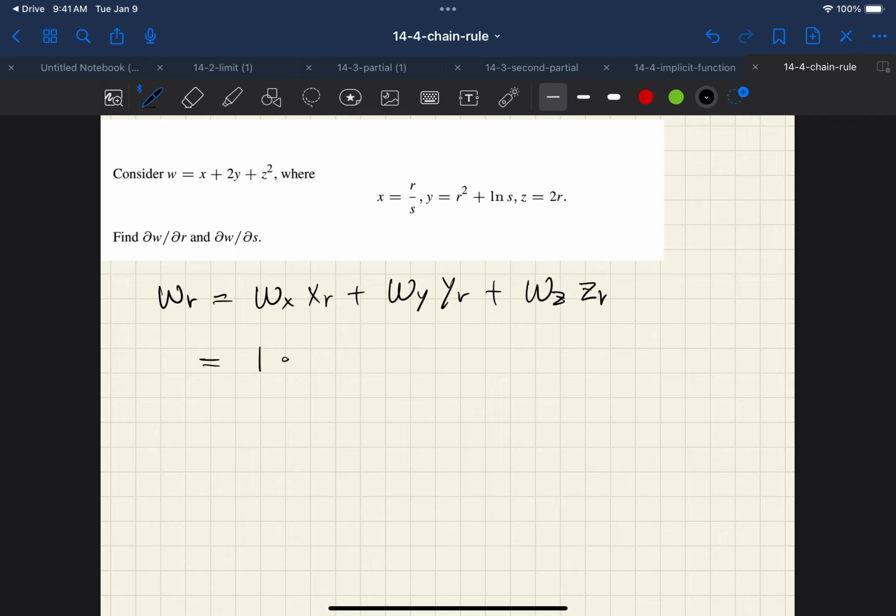Now when I look at xr, this is constant. You can think of r over 2. What is the r over 2 derivative? Then this is 1/2, right? So for r over s, you can think of this as x equals 1 over s times r. This is constant because we are looking for the derivative with respect to r. So x prime is 1 over s.